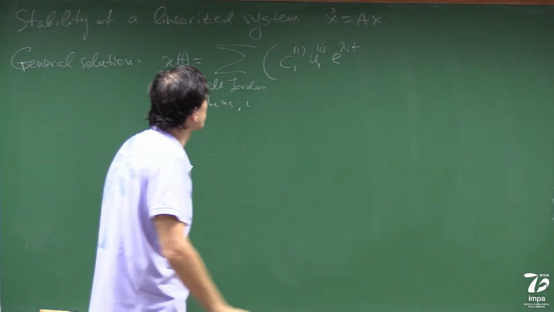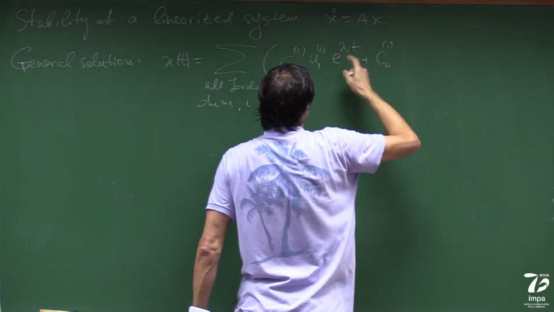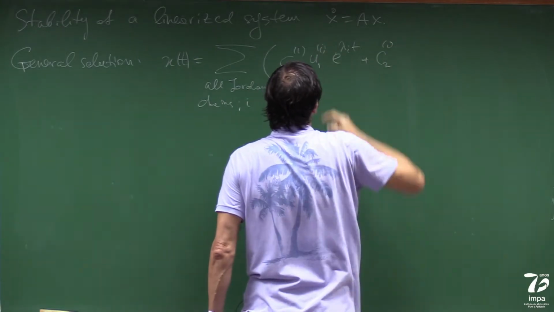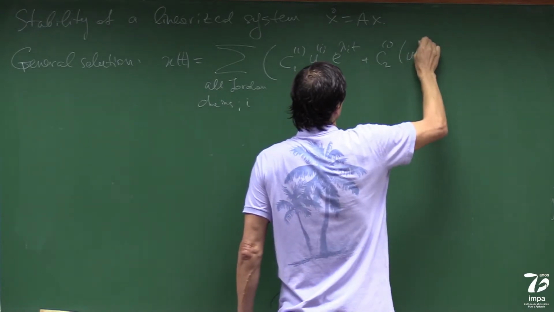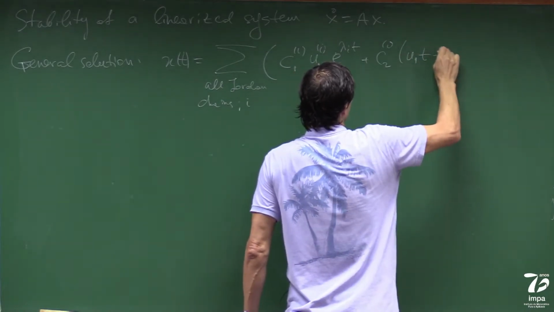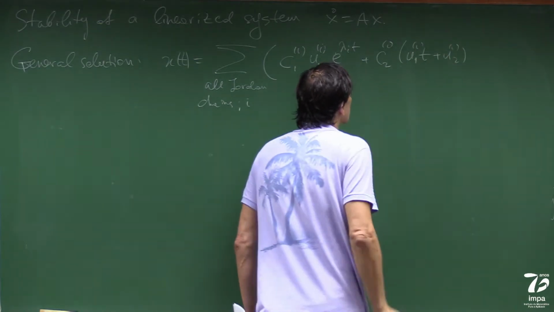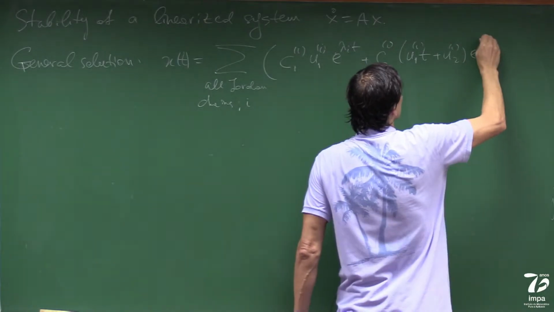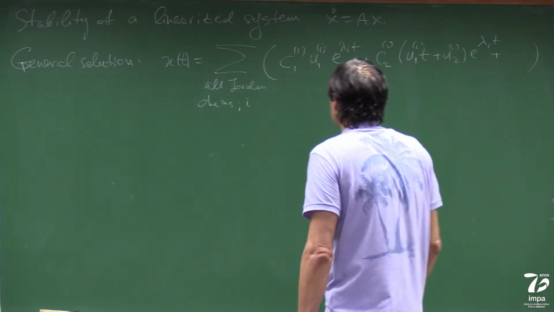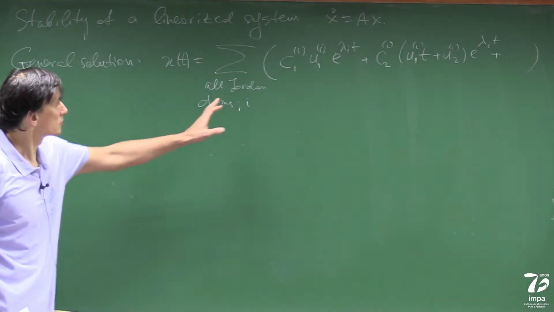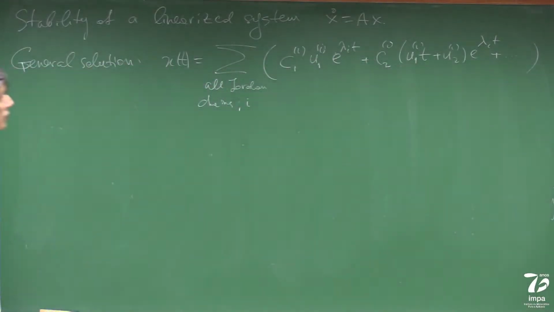So the first term, then the second term, with i on the top just to denote which Jordan chain it is. So it's u1 t plus u2, with the exponent, and so on. There are k terms in it, so there are as many terms as there are generalized eigenvectors in each chain.